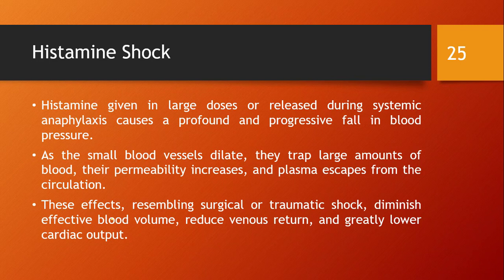As the small blood vessels dilate, they trap large amounts of blood, their permeability increases, and the plasma escapes from the circulation. These effects resemble surgical or traumatic shock. They diminish effective blood volume as most of the plasma leaves the blood vessels and enters the tissue spaces.